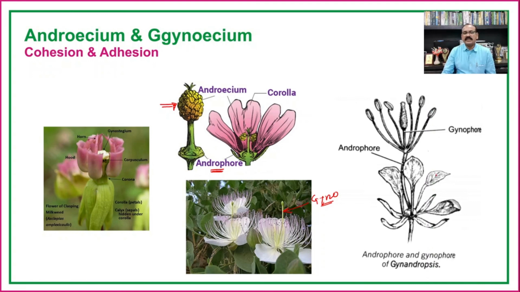And in certain flowers like Gynandropsis, there is a presence of androphore and gynophore both in the same flower, and this type of condition is known as gynandrophore. So in different plants, different types of arrangement of the androecium and gynoecium are present.